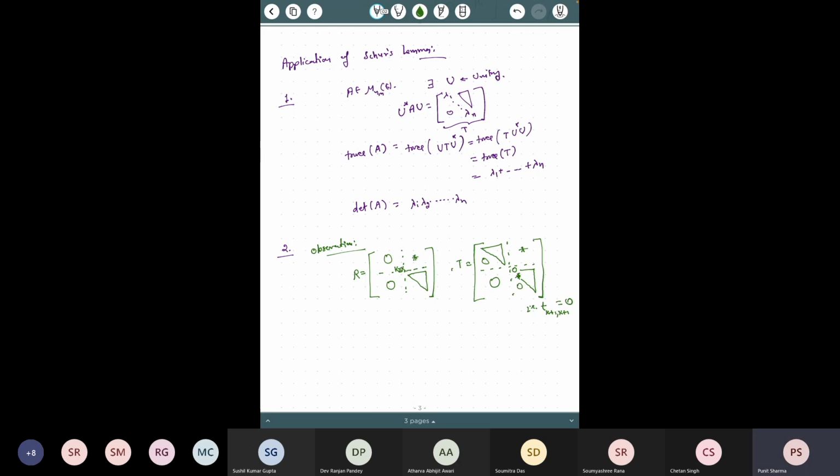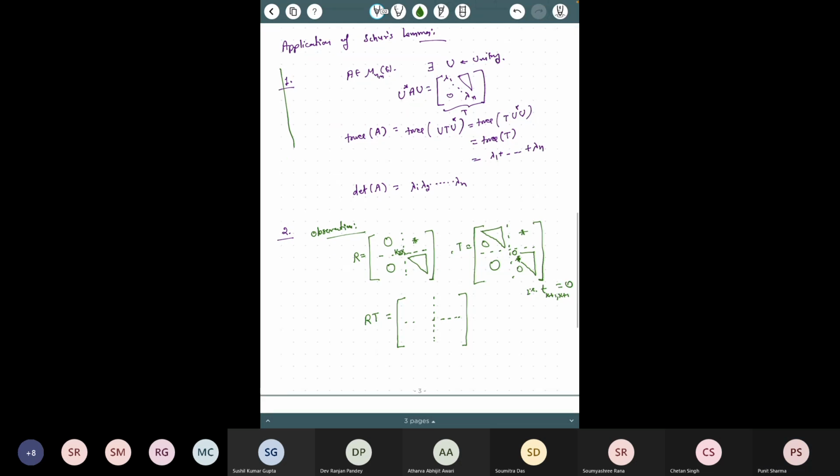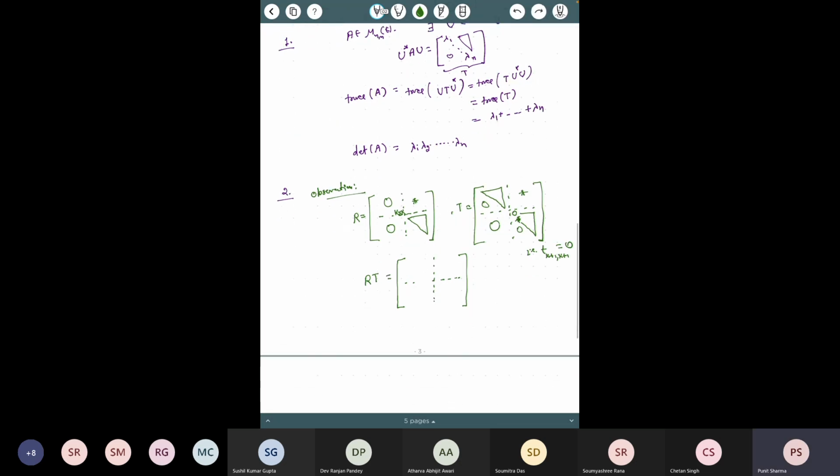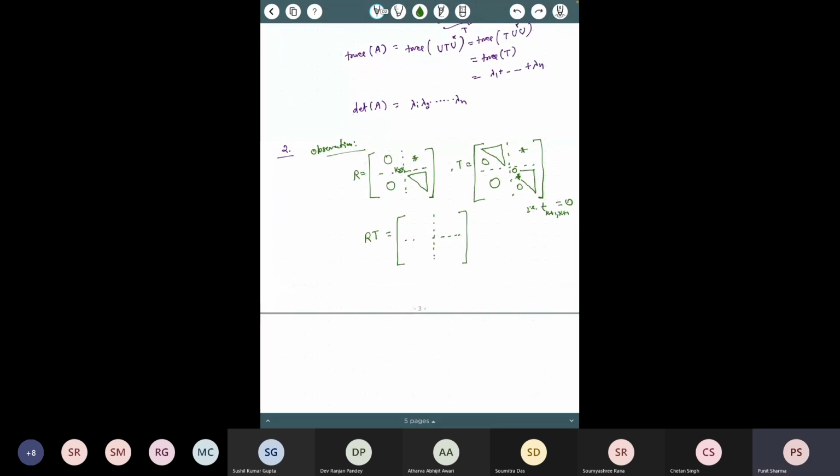So suppose that we have two matrices R and T in this form, and now if I multiply R and T, then can you tell me, if I write it again in 2 by 2 block, what would be the first block? Can you quickly tell me? If I multiply R and T, what would be at the 1 by 1 position?